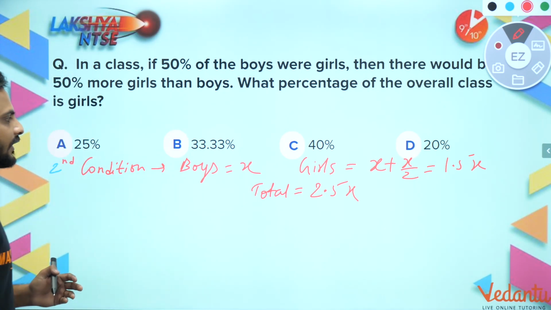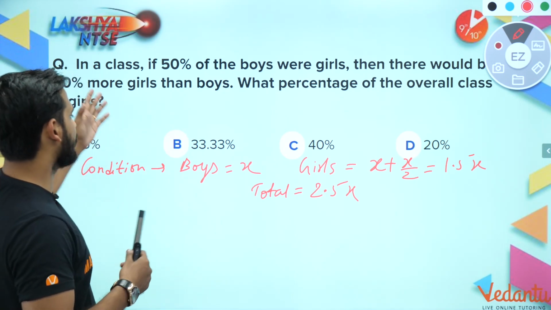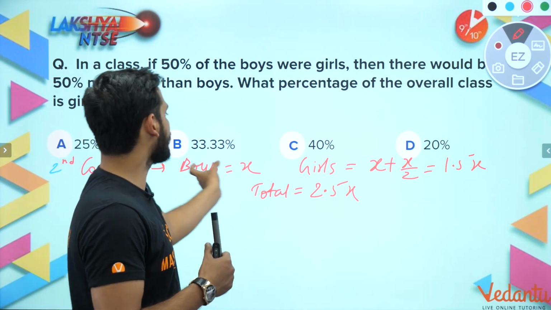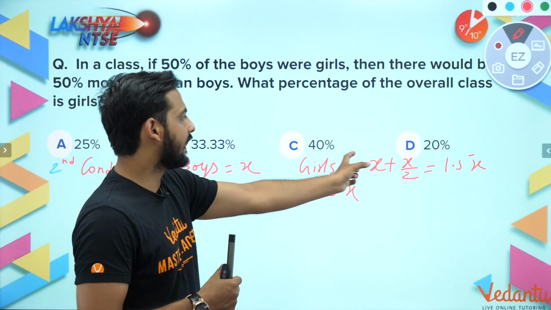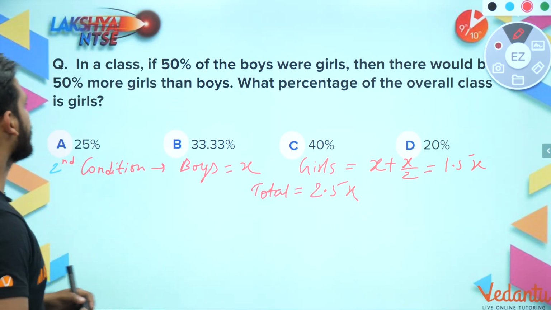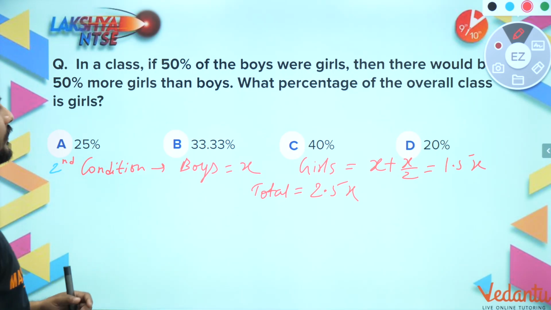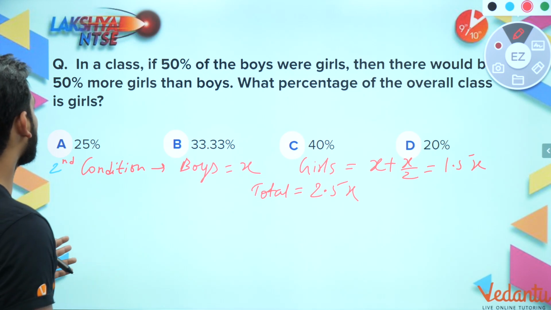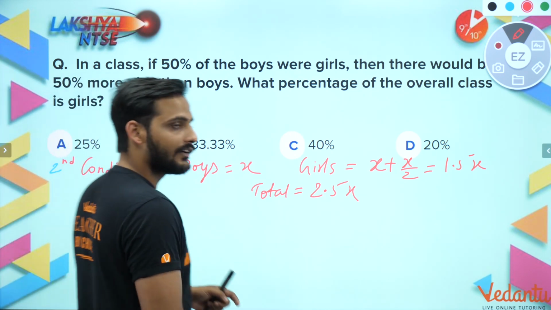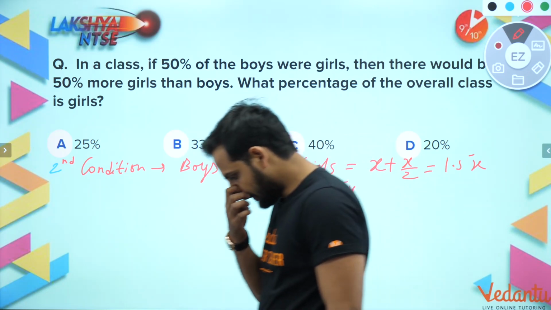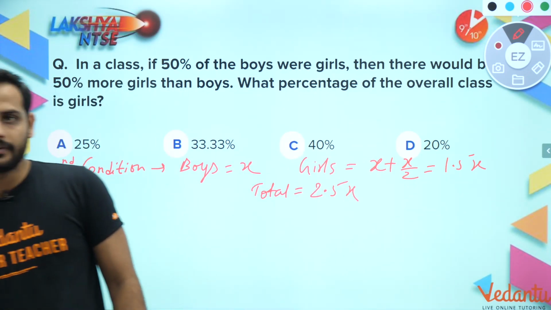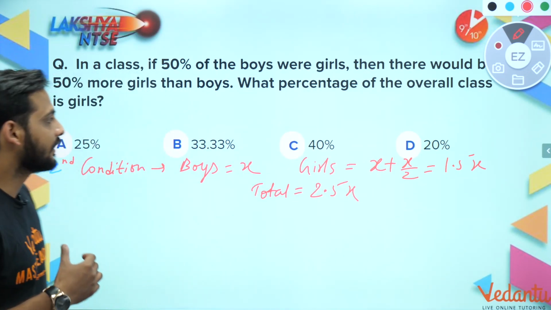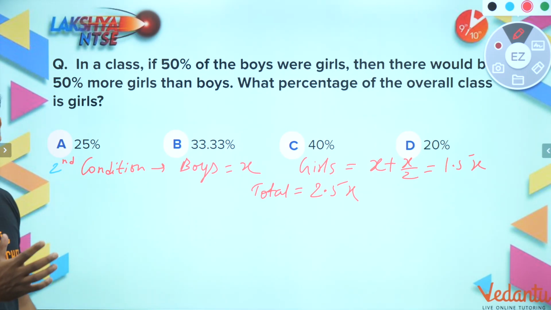Now let's move to this part. So I got to know that the total students are 2.5x, and after conversion the boys are x and girls are 1.5x. Correct? Now what they are saying, in a class 50% of the boys were girls, then there would be 50% more. What percentage of the overall class is girls? That means in reality, what percentage of the whole class are girls?